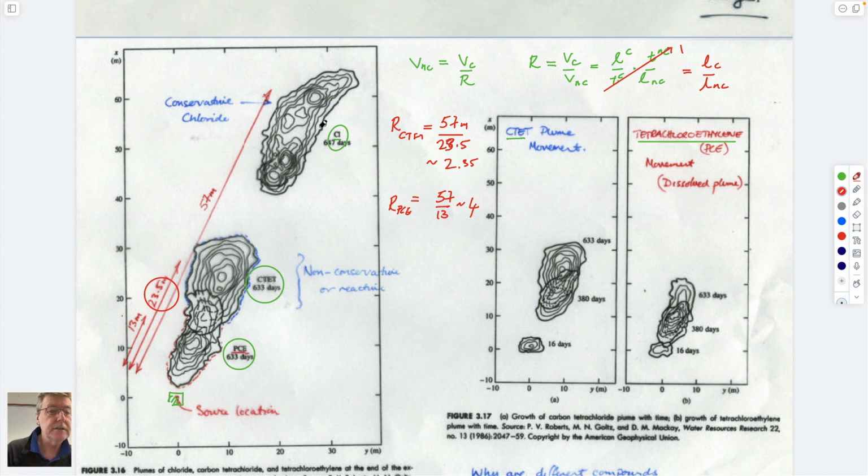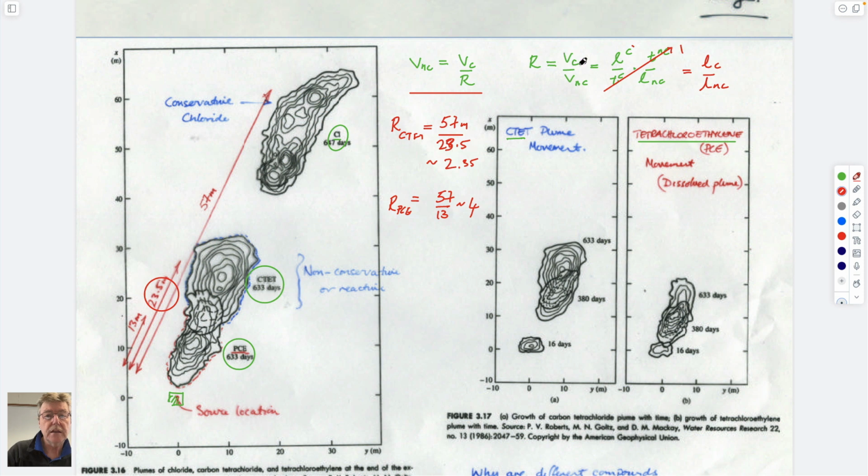If you look after 2 years to see how far things have gone, the conservative plume has gone 57 meters, carbon tet's gone 23.5, and PCE's gone 13. And so we could use that to calculate the retardation coefficient, because just by looking at the lengths traveled, you get the relative velocities of the two components.